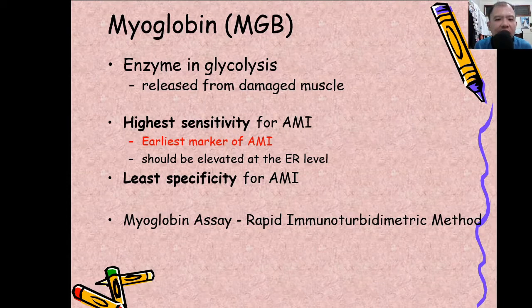It has the highest sensitivity for acute myocardial infarction because it is the earliest marker, and should be expected to be elevated when the patient is presented at the ER, and it is the least specific for acute myocardial infarction. The assay used in the measurement of myoglobin is what we call the rapid immunoturbidimetric method.